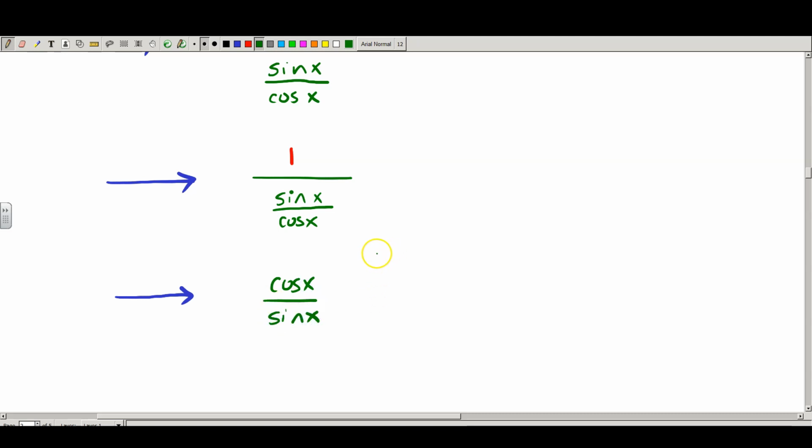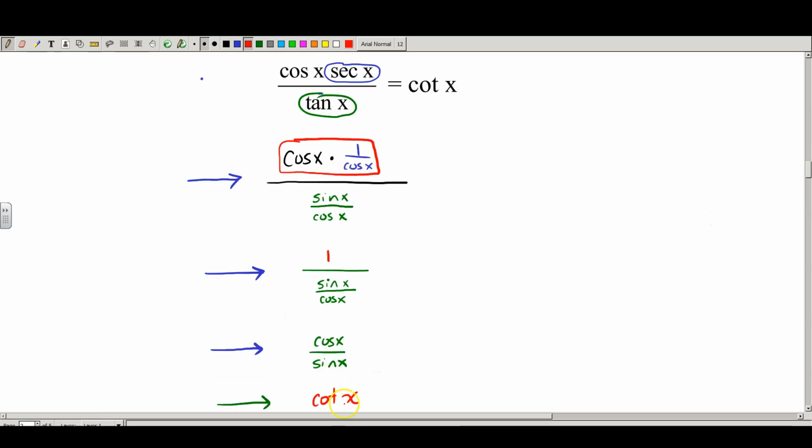And this is really what I'm trying to show, that the left-hand side does equal cotangent x. So cosine x over sine x, that is the same thing as cotangent. So then this is now equal to cotangent x, and you can see that cotangent x on the left, and I was trying to make cotangent on the right, so those are equal.